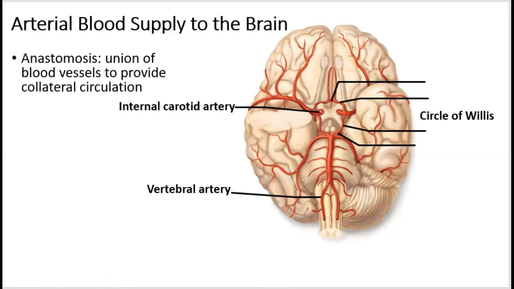So the paired internal carotid arteries and the paired vertebral arteries branch extensively within the skull, and at the base of the brain, some of their communicating branches form a circular connection called the circle of Willis. The advantage to having multiple blood vessels supply a region of the brain is to provide collateral circulation, ensuring that if one artery is blocked, the region of the brain will still receive blood.